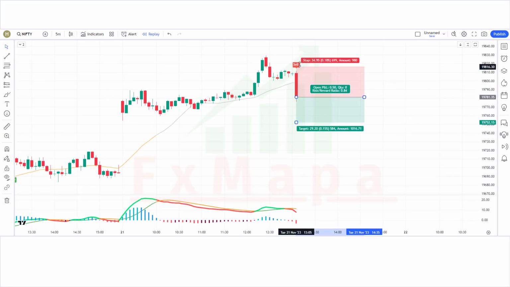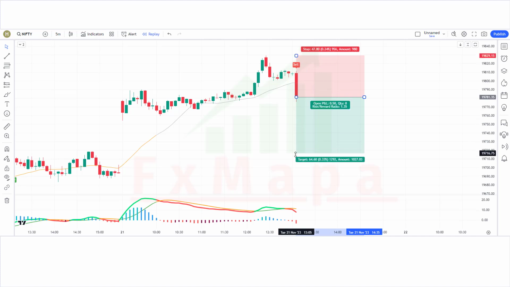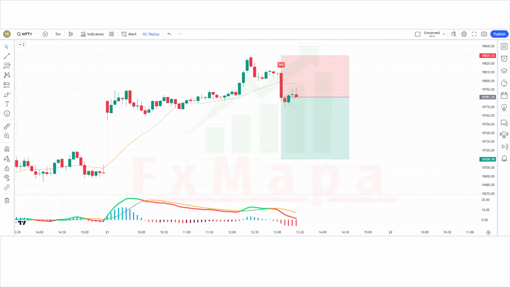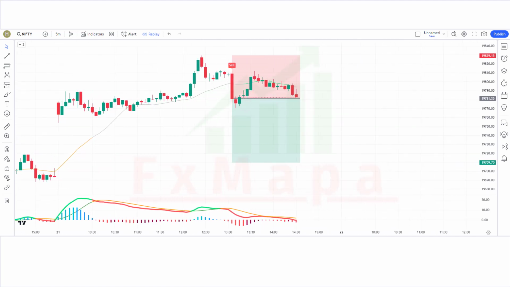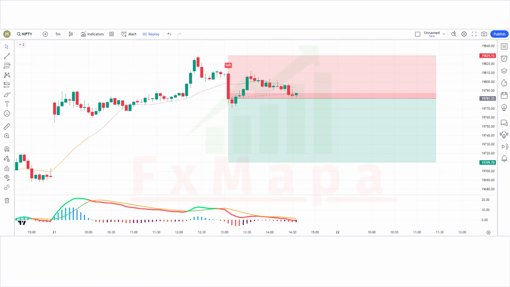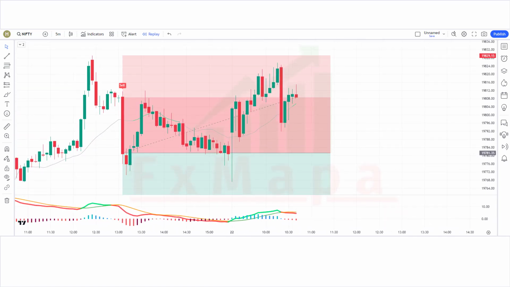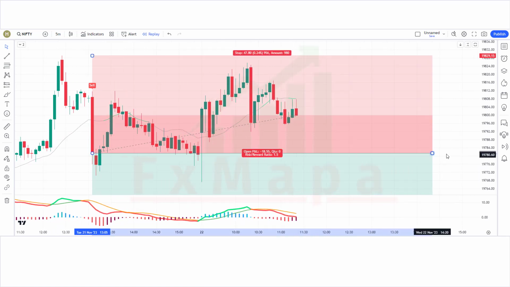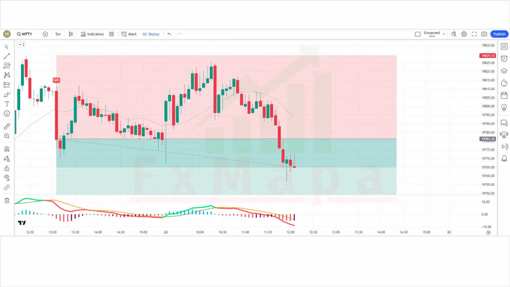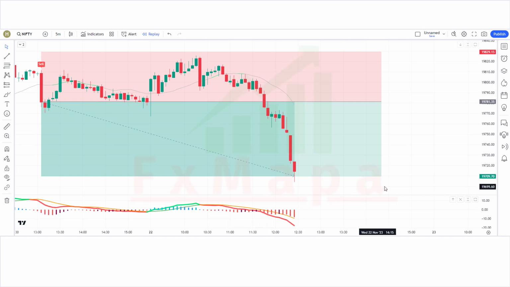Our stop loss will be placed at the current market higher level, and the risk to reward ratio will be 1:1.5. The market has completely hit the target.